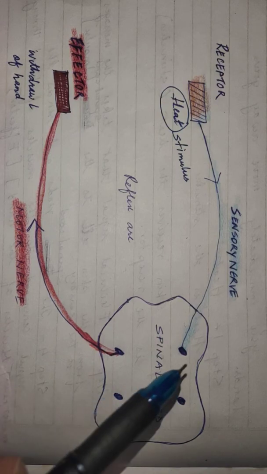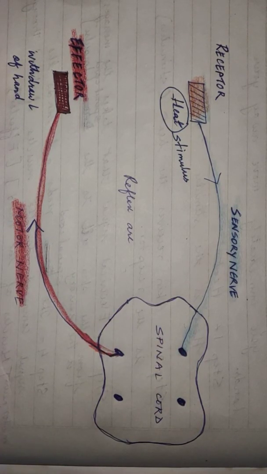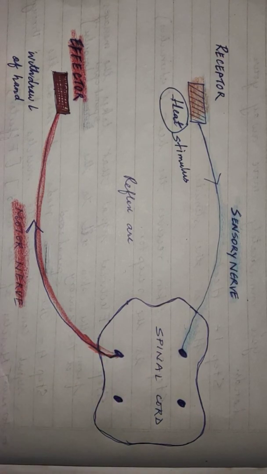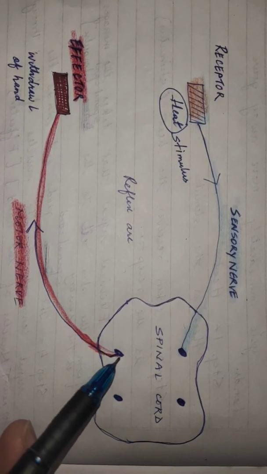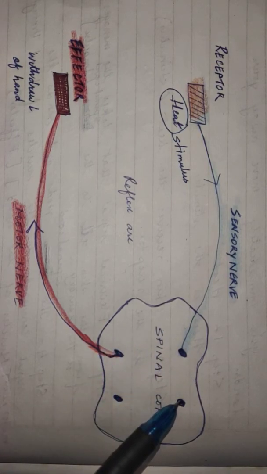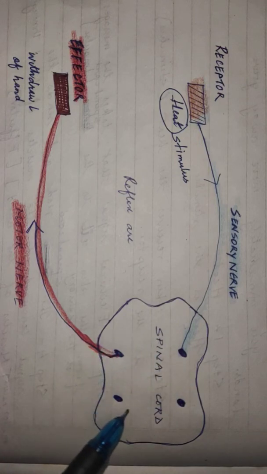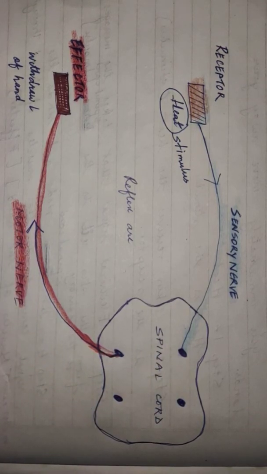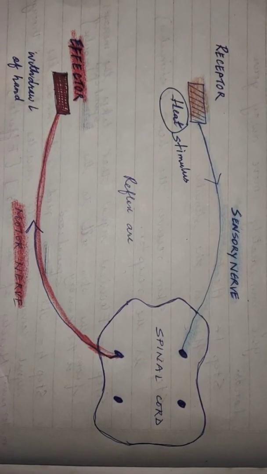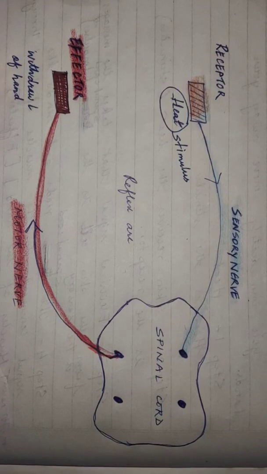The spinal cord receives the signal, and the spinal cord passes the message. As soon as it receives the impulse, it gives a signal, and the signal is automatically picked up by a special nerve that is known as the motor nerve.